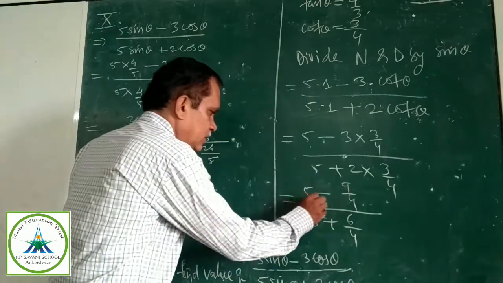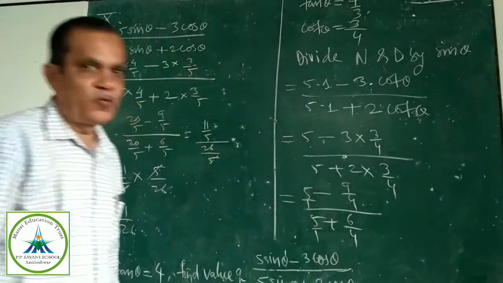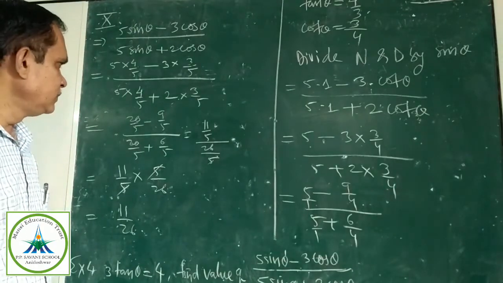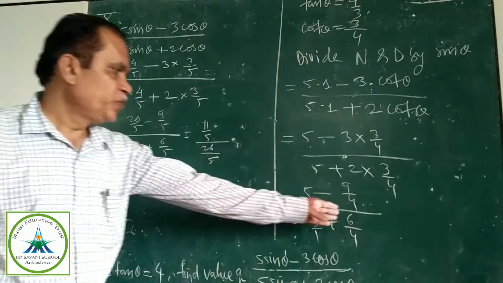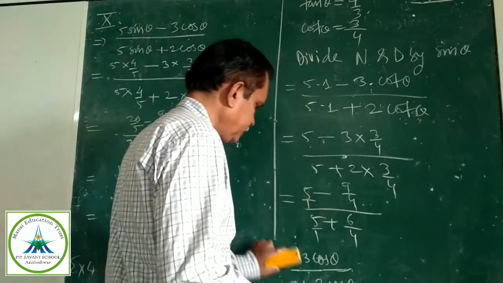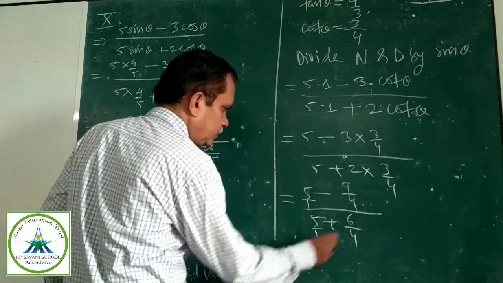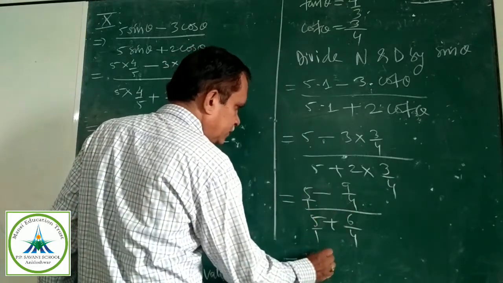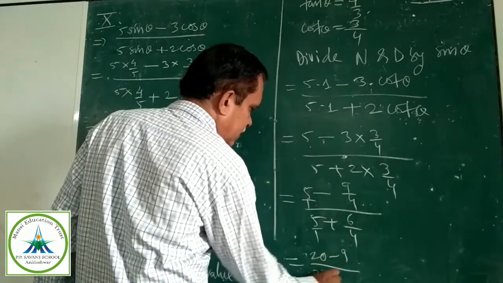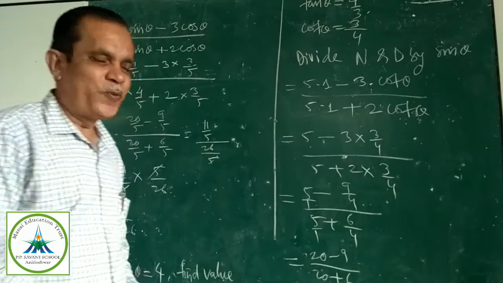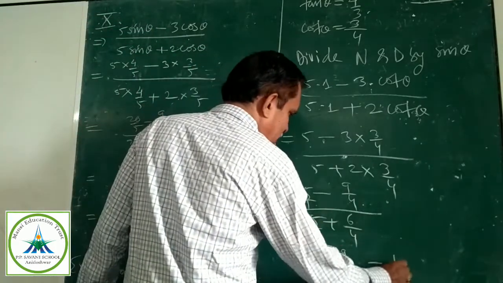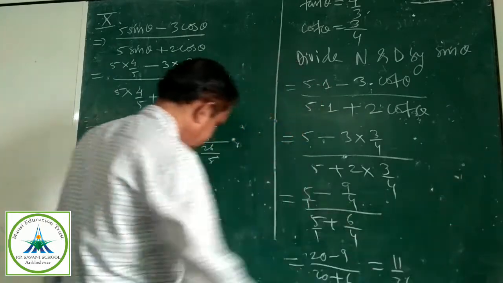See students, nothing upon is upon 1, so we have to find the LCM, which is 4. 4 by 20 minus 9 divided by 4 by 20 plus 6. The 4 cancels. Yes, sir, we got 11 upon 26.